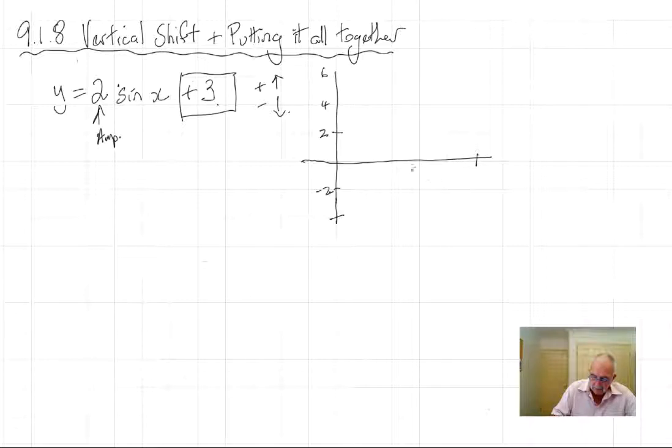So if we're working in radians, this will be pi, 2 pi, pi on 2, 3 pi on 2, and 2 sine x starts there, goes down and comes back up. So that's our y equals 2 sine x.